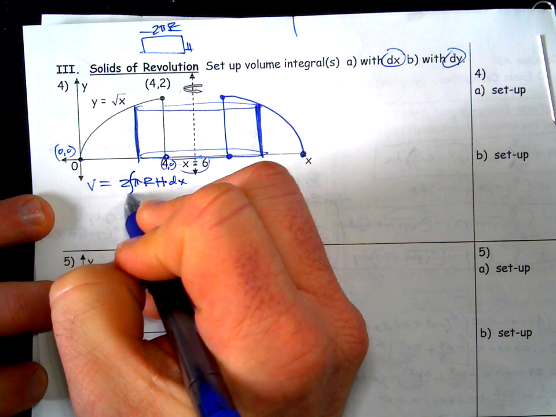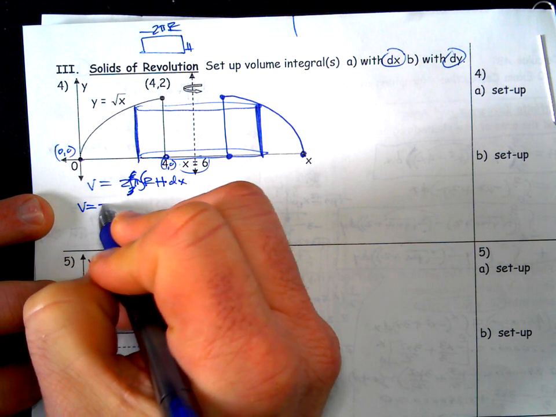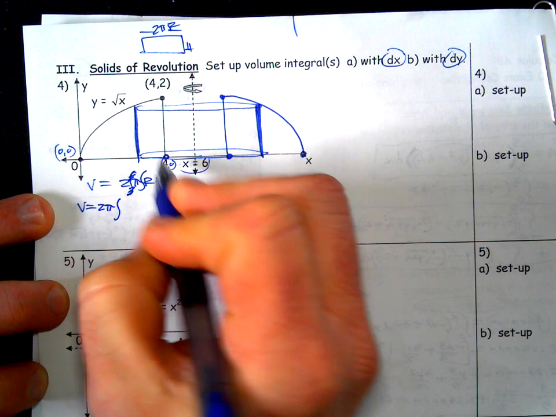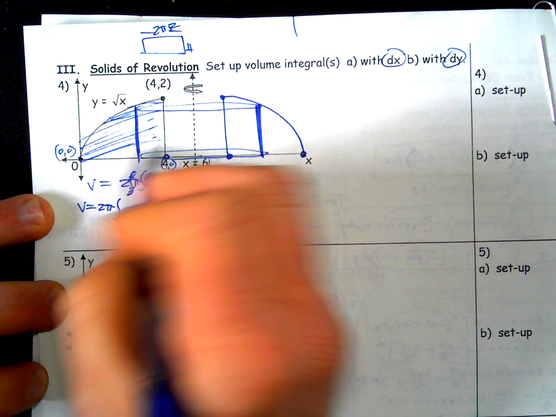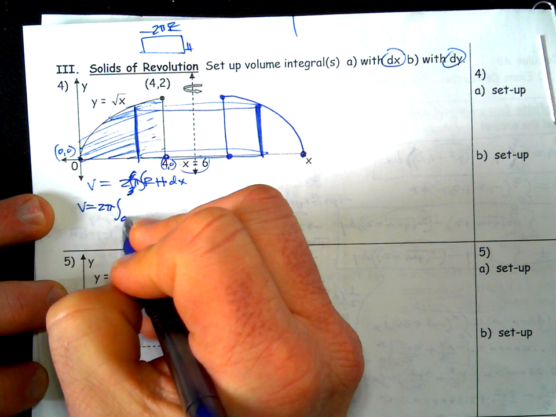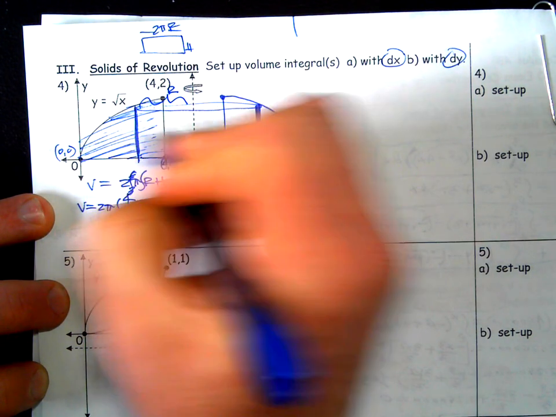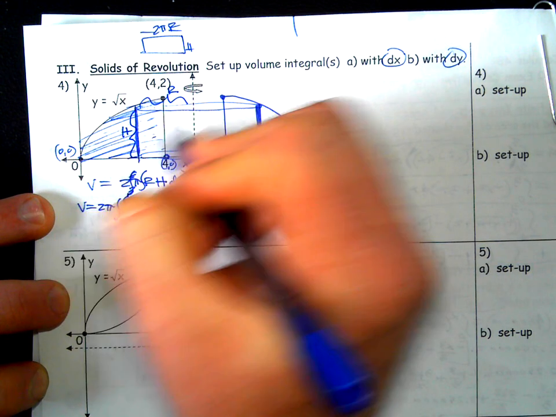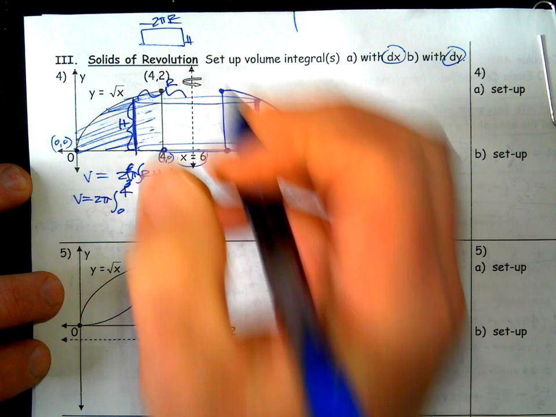Don't memorize that. And then we're going to integrate it in the x direction. Always use the original region for all your dimensions, all your limits. So we're going 0 to 4. The radius is there. This is the height. Now remember, the radius of shells doesn't depend on the curves.